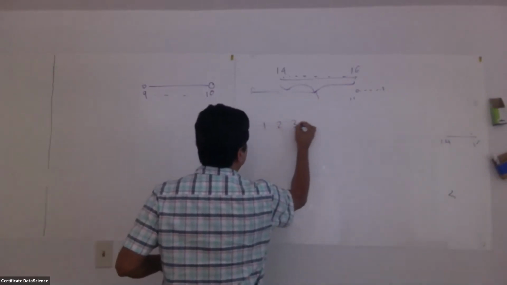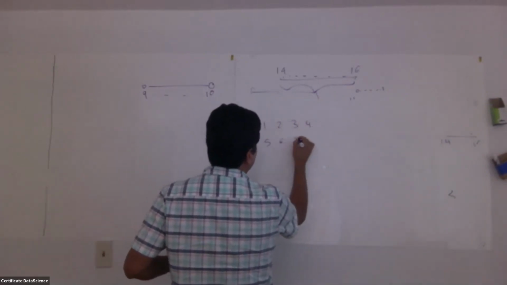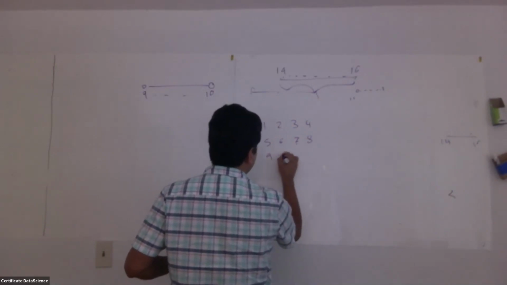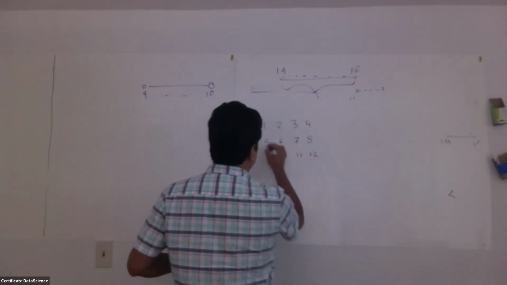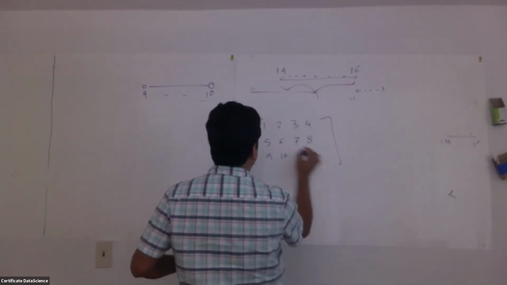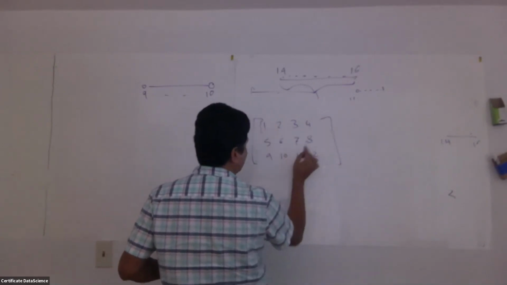1, 2, 3, 4, 5, 6, 7, 8, 9, 10, 11, 12. That is our array of arrays: first row, second row, third row.